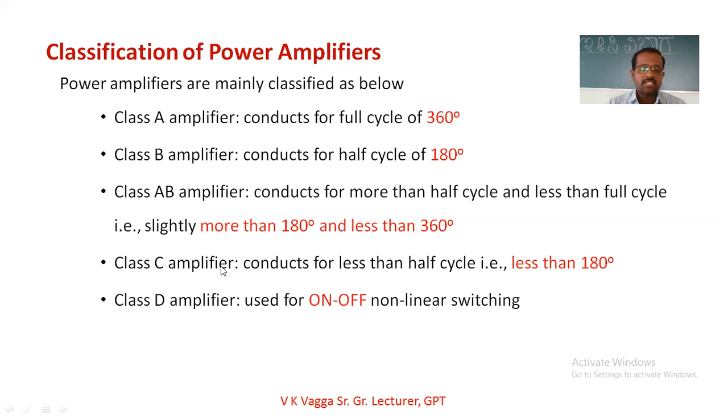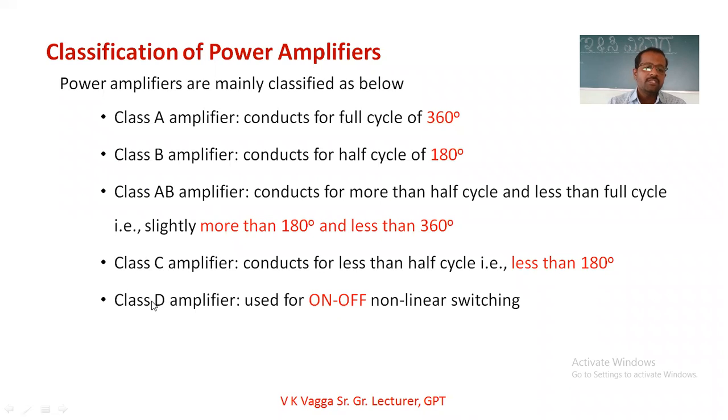In the same way, a class C amplifier conducts for less than the half cycle, less than 180 degrees. If you take the class D amplifier, it is used for on-off, non-linear switching. So it is not dependent on an angle. Either it is operated in the cutoff region or in the saturation region, and according to that it acts as the class D amplifier.